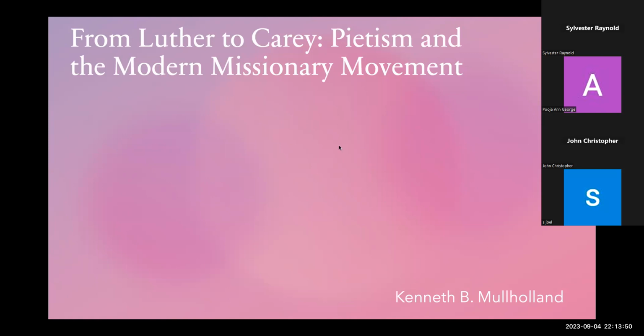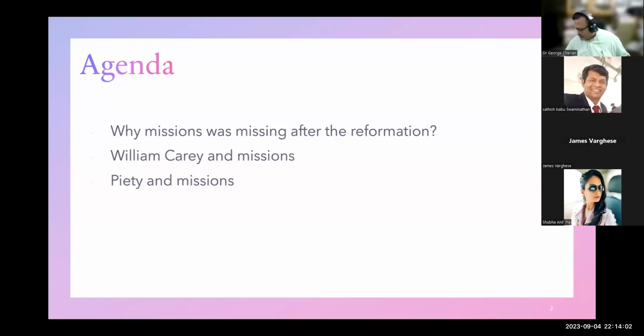So we'll see where the church failed, what the entire thought was, and what ideas led to missions being put on a back burner. Let's go about the article now. This agenda is the three parts of that article.